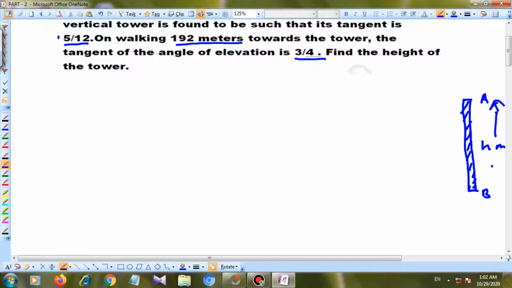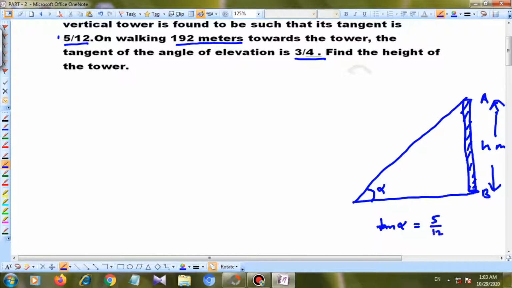An observer observes an angle of elevation. Suppose this angle is alpha. So tan alpha is given here. How much? 5 by 12.